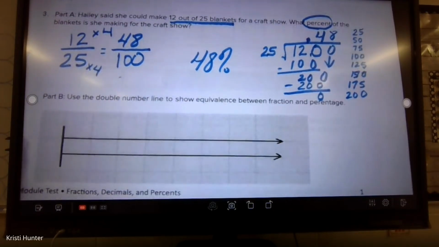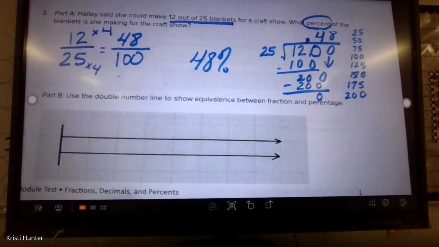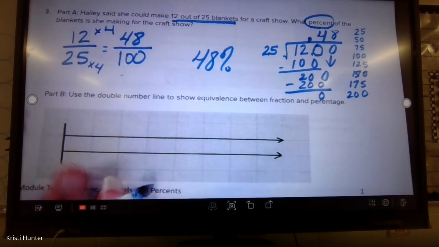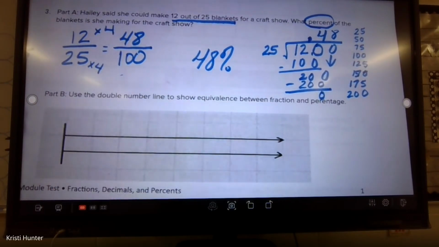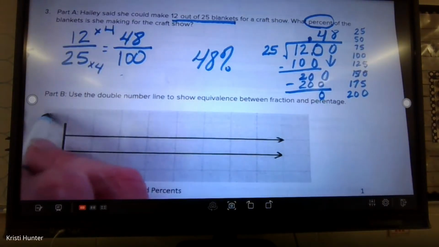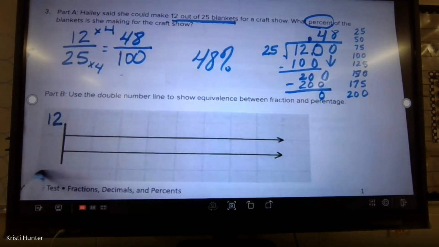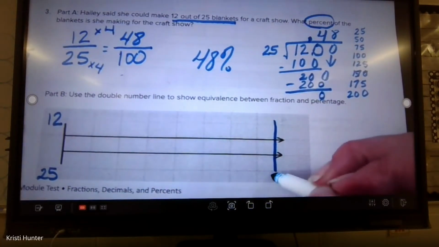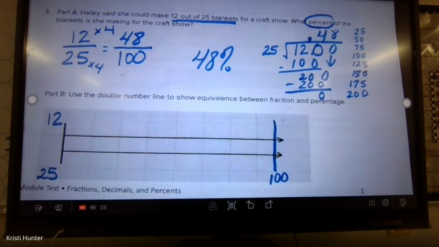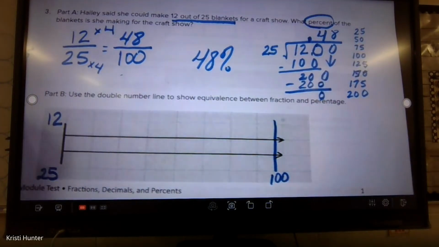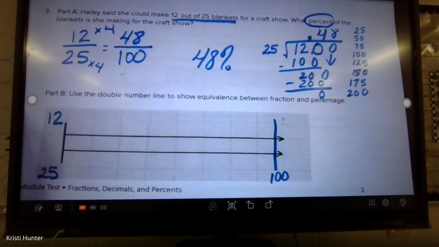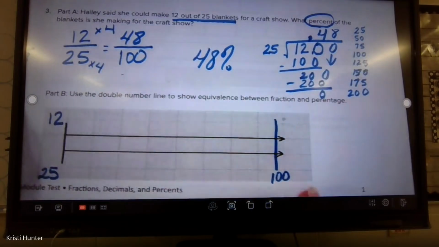Another strategy that you can prove your answer with is going to be down here in part B, where you have to use your double number line. So remember, it tells you to write 12/25 as your start. I need to get it to a percent, which means per 100. So I'm going to turn 25 into 100.